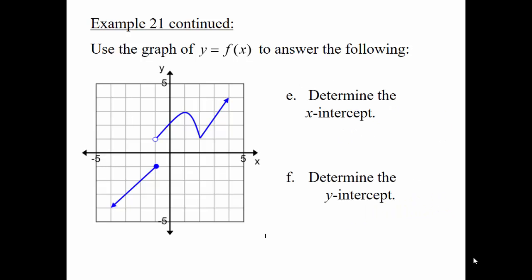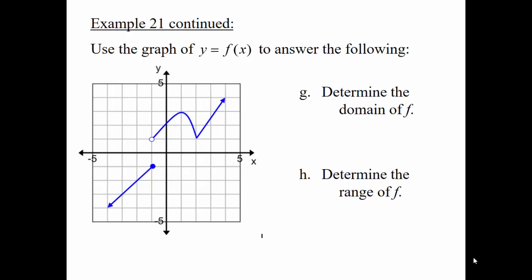Determine the x-intercept. Does it cross the x-axis anywhere? No, there is none. Determine the y-intercept. Where does it cross the y-axis? At 0, 2. Determine the domain of f. There's arrows on both ends, so it's going to be -infinity to +infinity. Looking at the range, up and down, there's a gap.